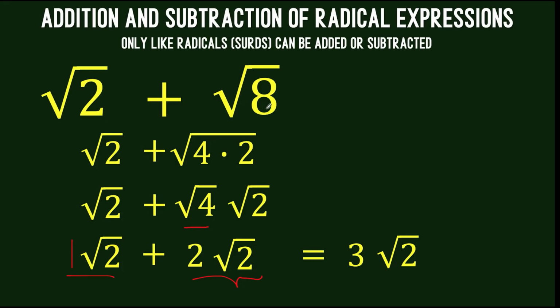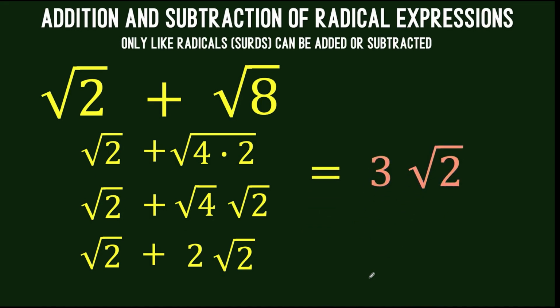Square root of 2 and square root of 8 are obviously unlike radicals. But we are going to attempt to simplify the square root of 8 first in the hope that we can come up with like surds. And if we can come up with like radicals, then we will add how many copies of those surds there are. That is how we add or subtract radical expressions.